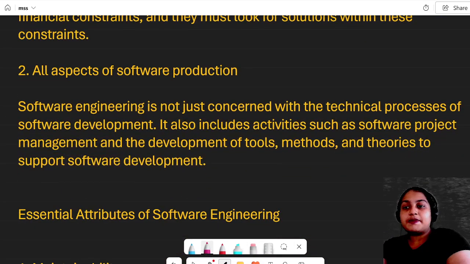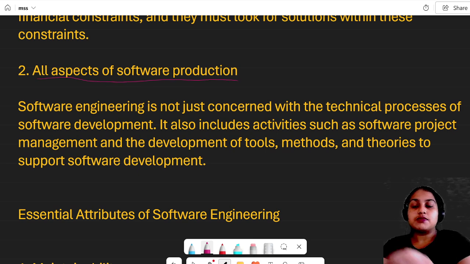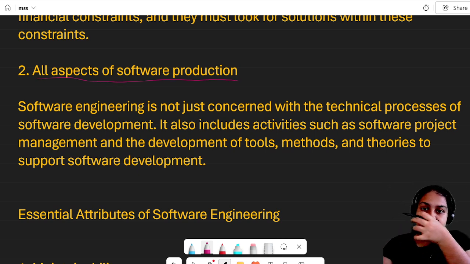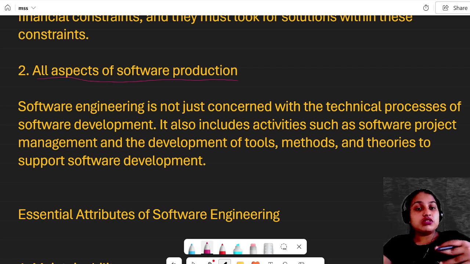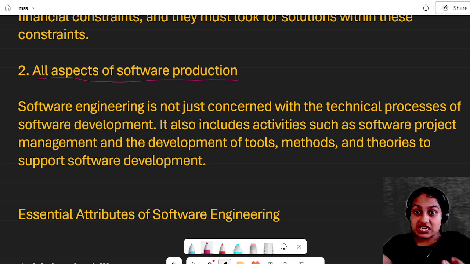Then all aspects of software production means software engineering is not just concerned with the technical processes of software development. It is not just about the technical things. It includes activities like software project management, and the development of tools, methods and theories to support software development. All these things should come together. That is what they mean by all aspects of software production.